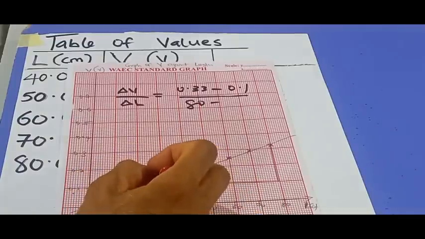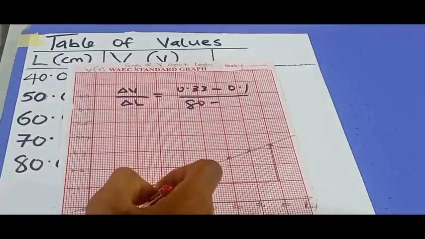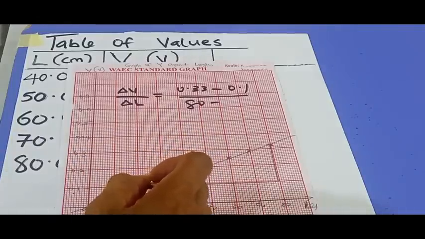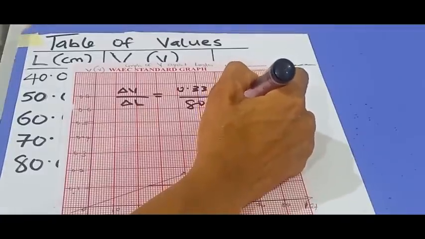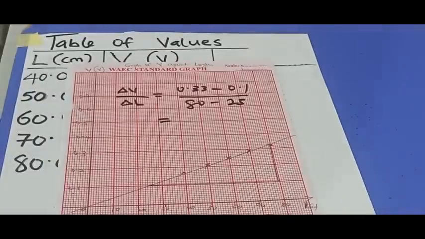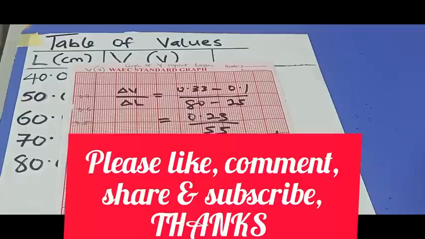So this is where we need to check. We'll have 20, 21, 22, 23, 24. Let's use 25. So if we do that, we have 0.23 over 55 to get 0.0042 volts per cm.